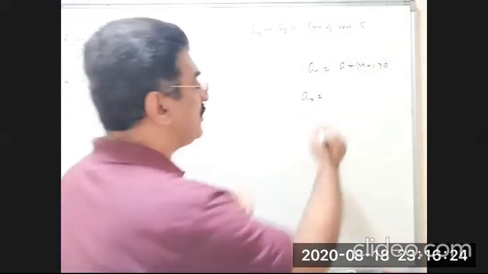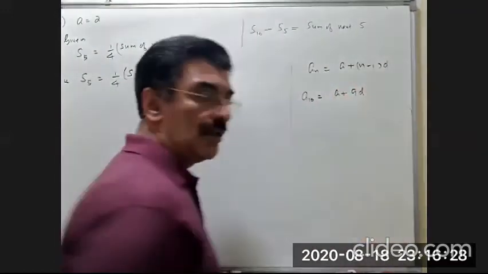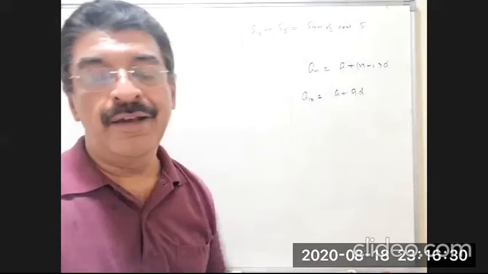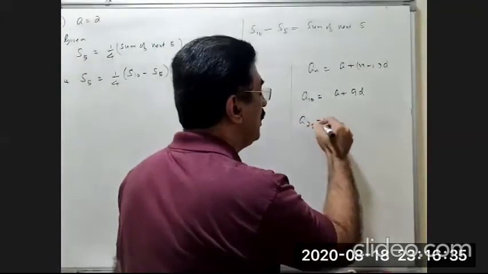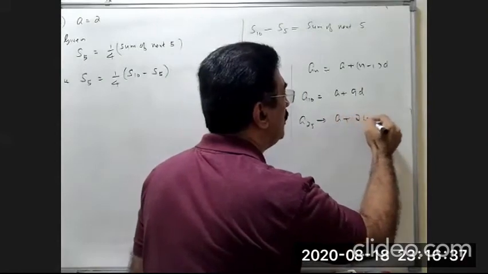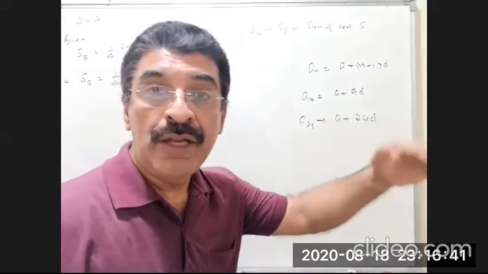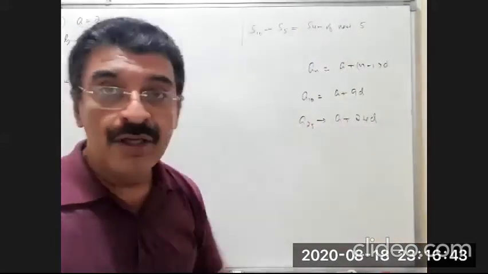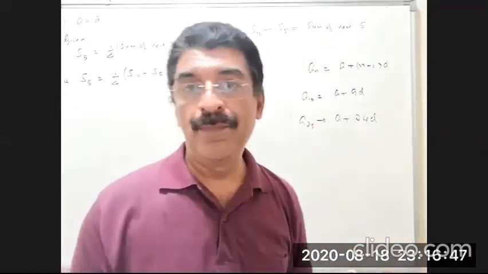If A10 is given, subtract 1 and write it directly, A plus 9D. If A25 is given, directly write A plus 24D. A40 means A plus 39D.